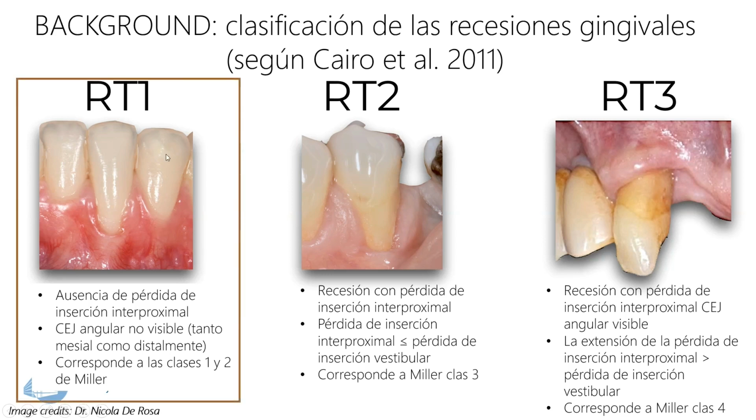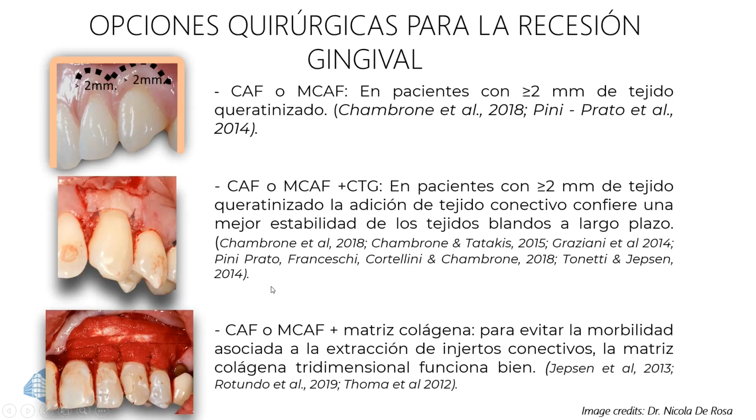Xenomatrix can be used to treat RT1 classified gingival recession, and in this case we can have 100% recovery of the gingival soft tissue. How do we treat this type of recession?